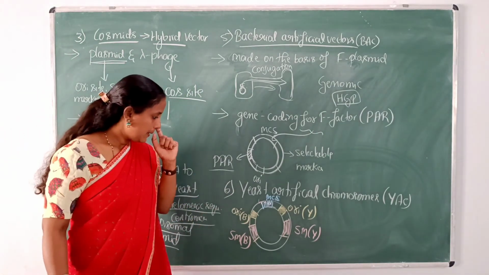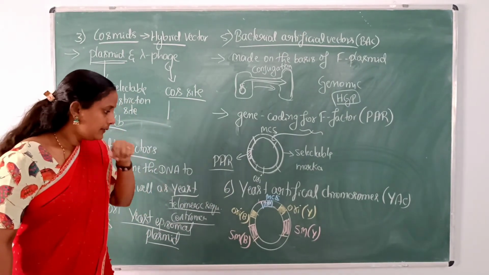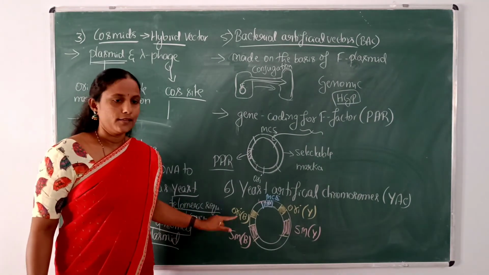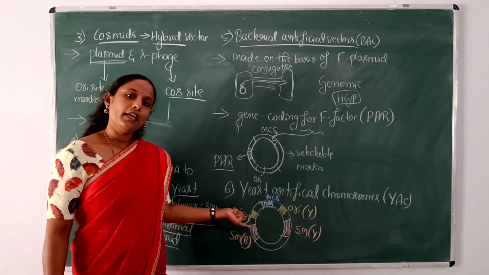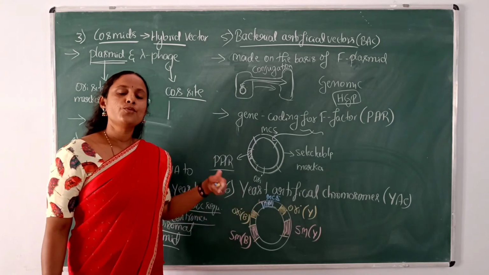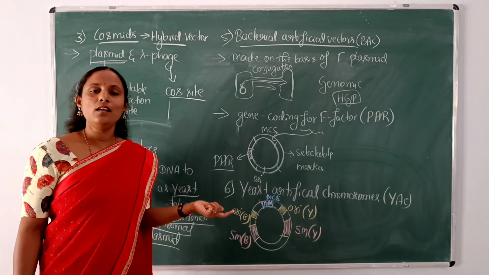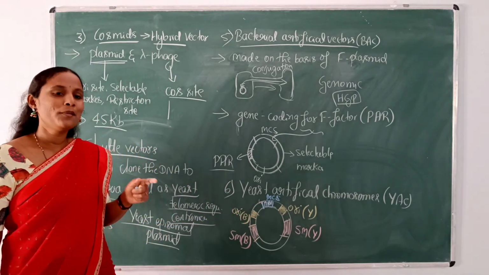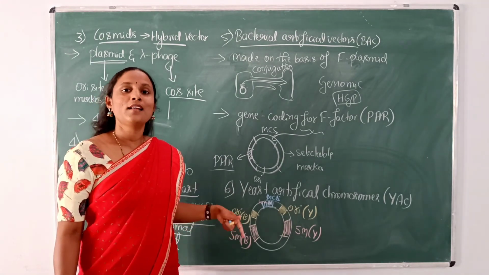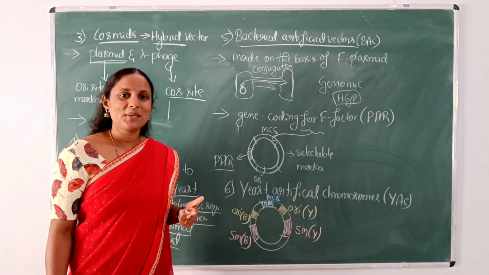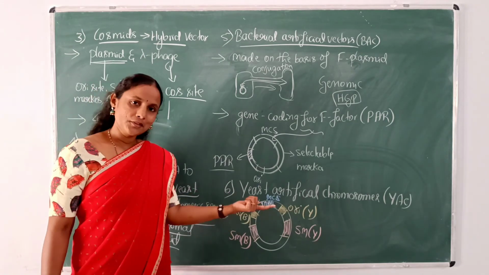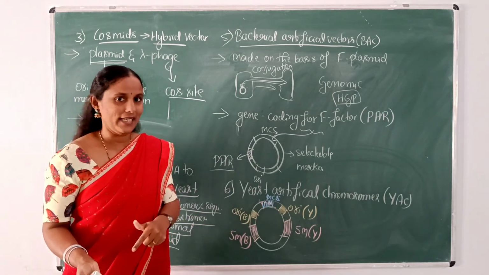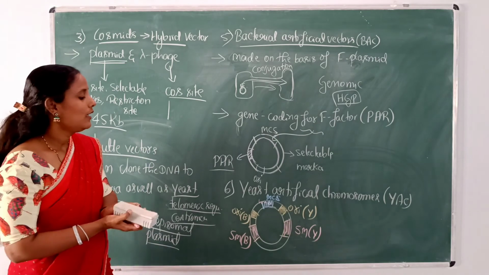Okay, so this is the shuttle vector, which can clone the DNA either into the bacterial cell or into the yeast cell. And don't think one can clone into both at a time. At a time it is not possible. One can clone into the bacterial cell or into the yeast cell. So that is the condition.